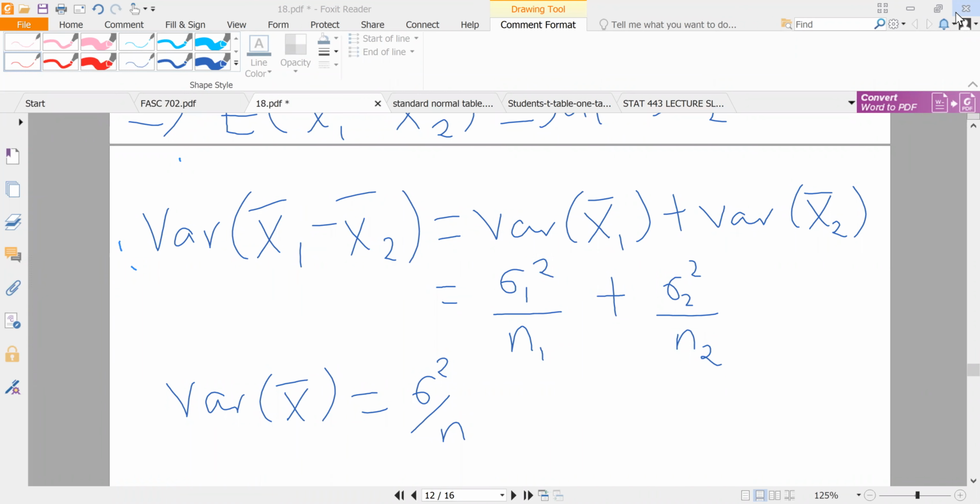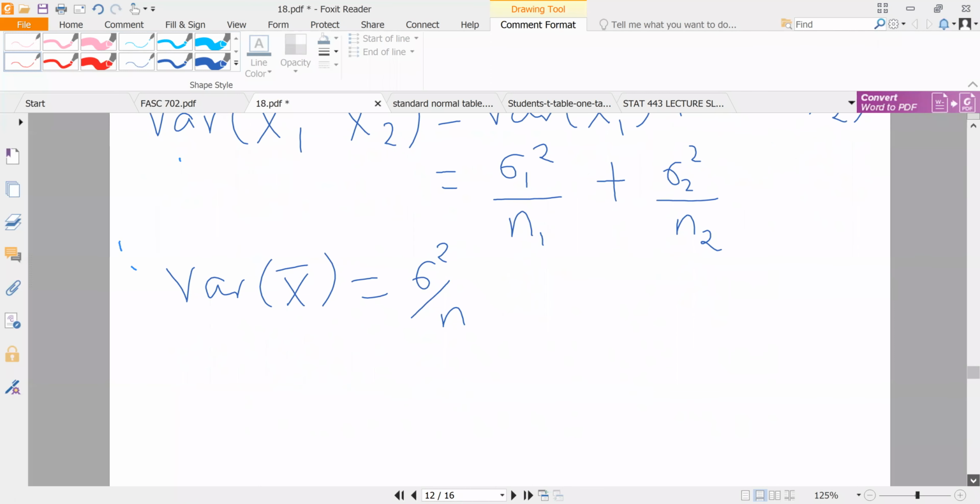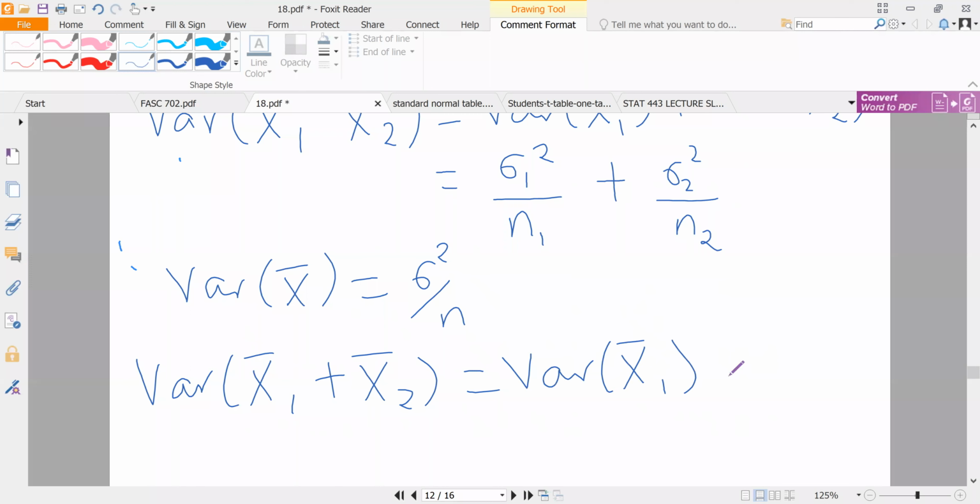It's important that I also clarify that if we were to find the variance of x bar 1 plus x bar 2, it will still be equal to the variance of x bar 1 plus the variance of x bar 2.